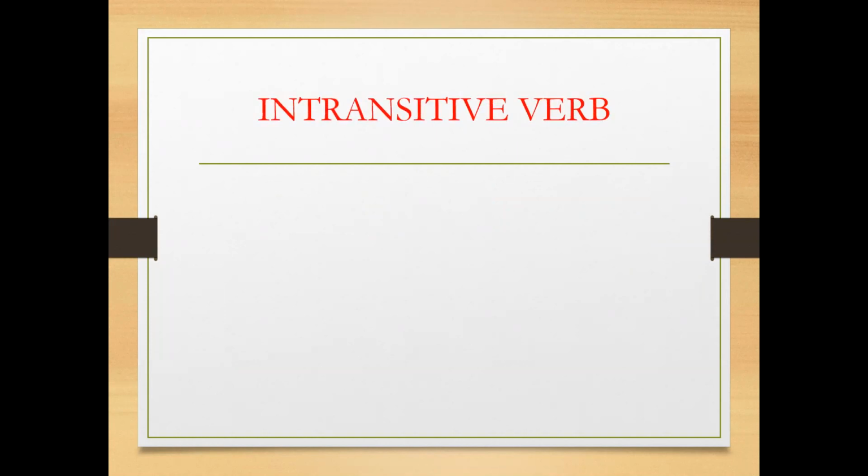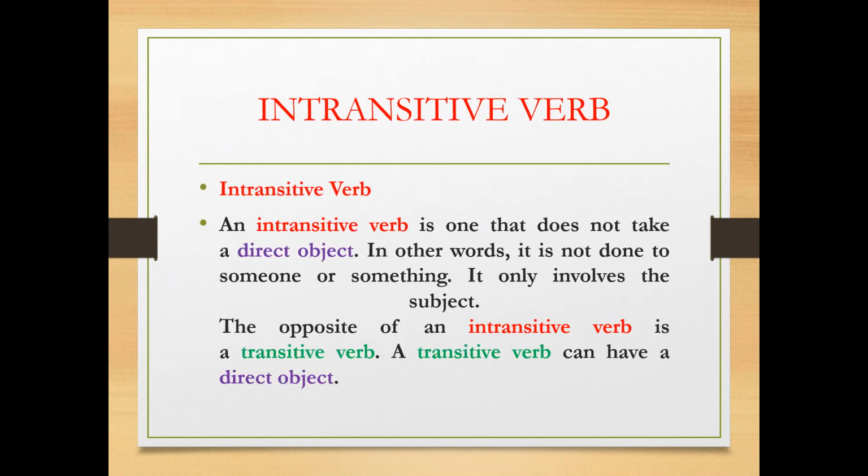Dear students, what is an intransitive verb? An intransitive verb is one that does not take a direct object. I'm repeating for you, students. An intransitive verb is one that does not take a direct object.